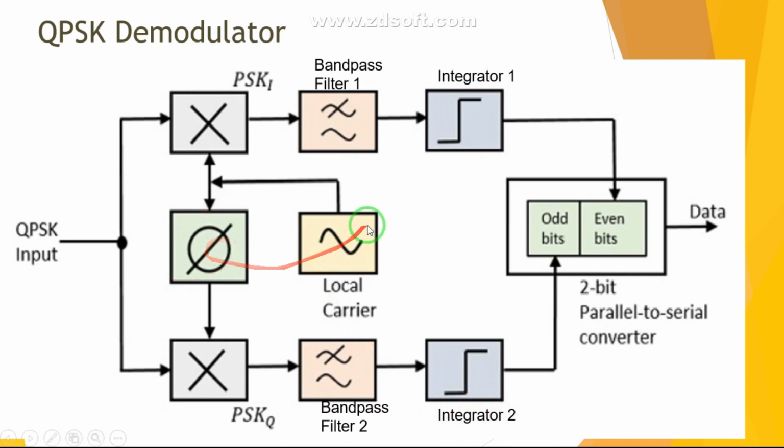Similarly over here, the local carrier oscillator is there. Input is nothing but the output of your modulator, that is QPSK input, and the outputs of these two integrators are given to this 2-bit parallel to serial converter, that is your multiplexer, and the output is your original data.